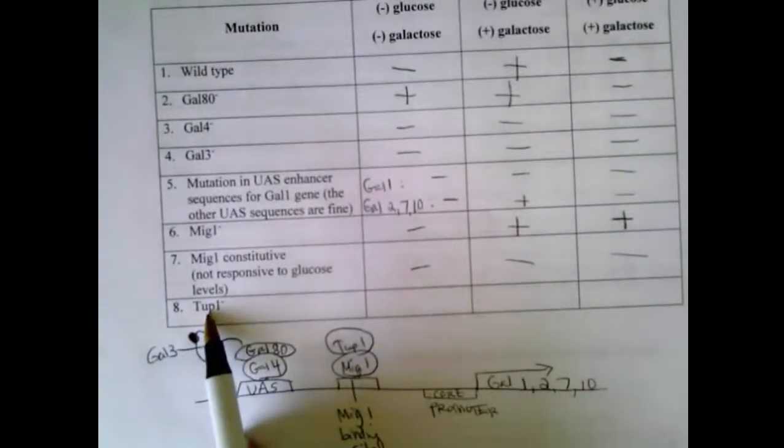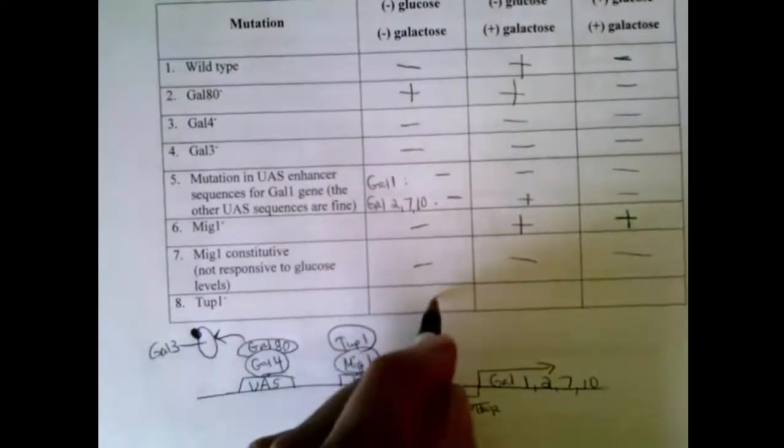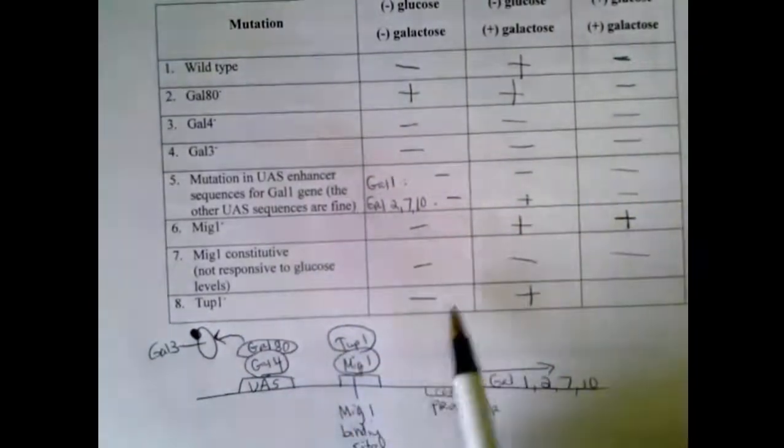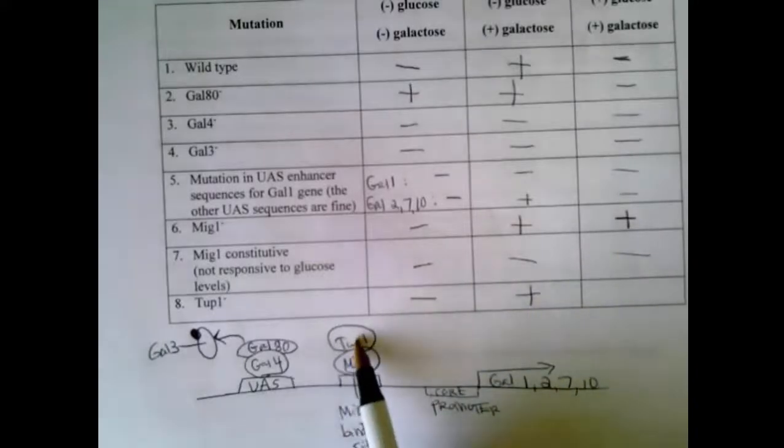Then finally, if you had a mutation in TUP1, you would just be lacking that co-repressor that binds to MIG1. And so this would really be the same effect that we observed with a mutation in MIG1, which is the galactose system is functioning normally, but you cannot actually turn off this.